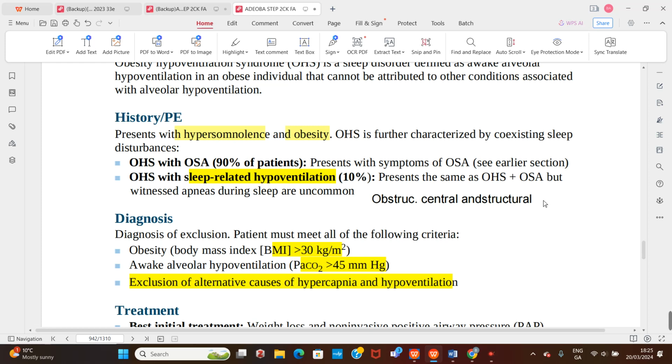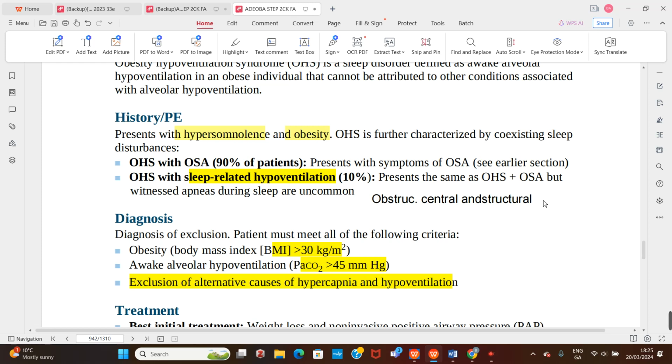That reduction in the wakeful respiratory drive is also going to cause hypoventilation, because you are not going to be breathing as fast as when you are awake. That means there's a form of hypoventilation now superimposing on a structural cause of hypoventilation.